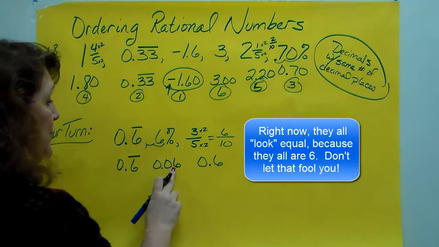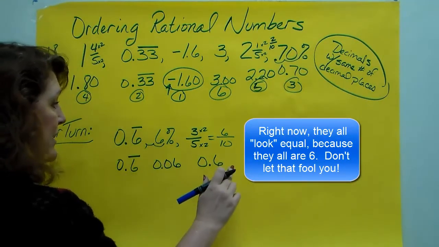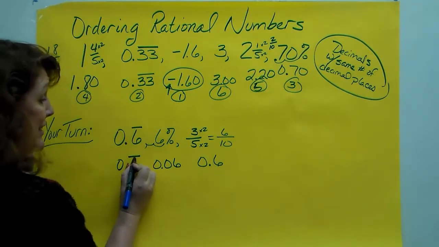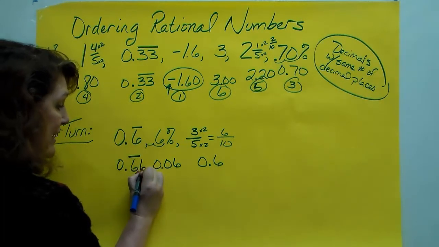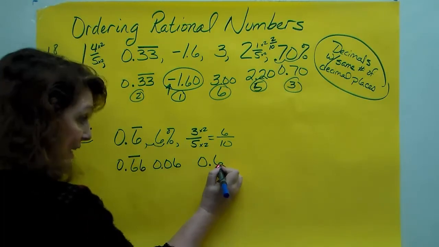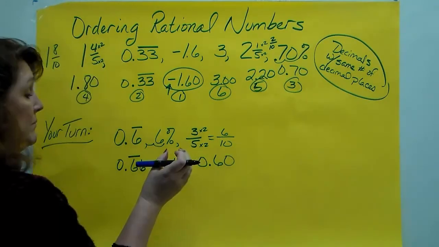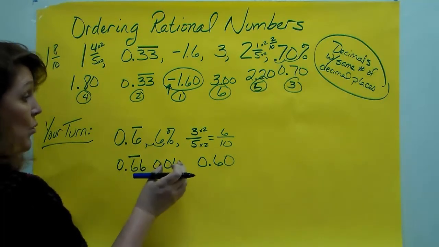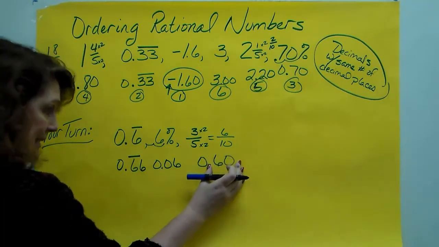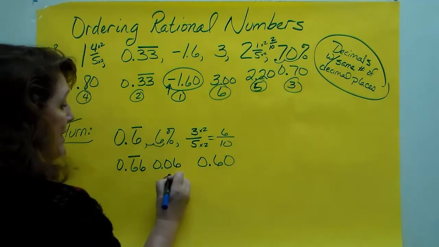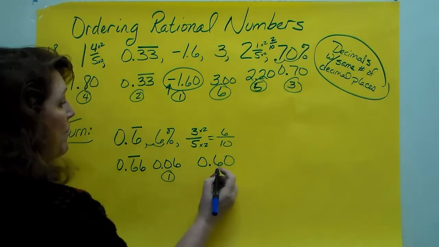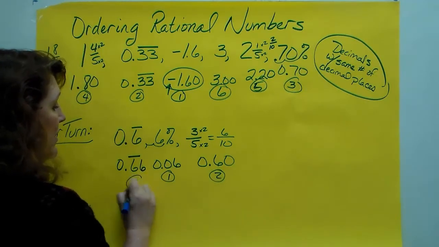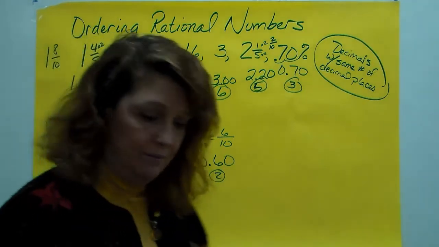Well, 1 decimal, 2 decimals, 1 decimal. I want all of these to have 2, so I'm going to add another 6 here because this is a bar, but here I have to add a 0. So now I'm comparing 0.66 bar with 0.60 and 0.06. So my 0.06 is going to come first, my 0.60 is going to come second, and my 0.66 bar is going to come third. How'd you do?